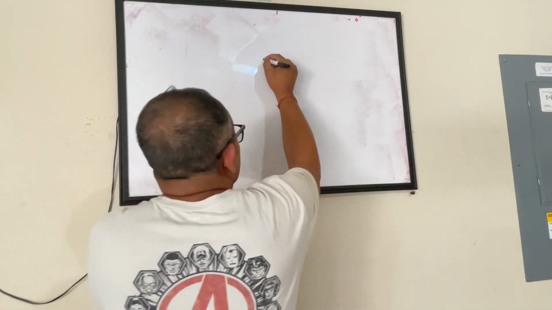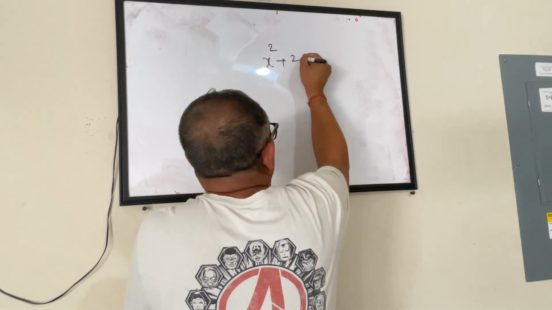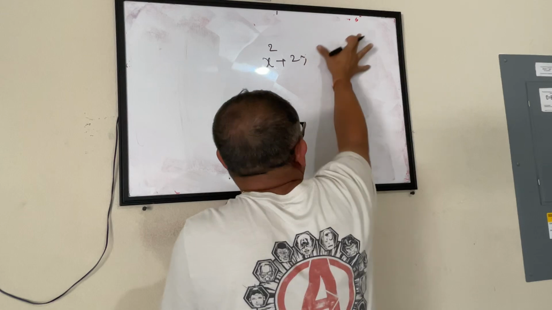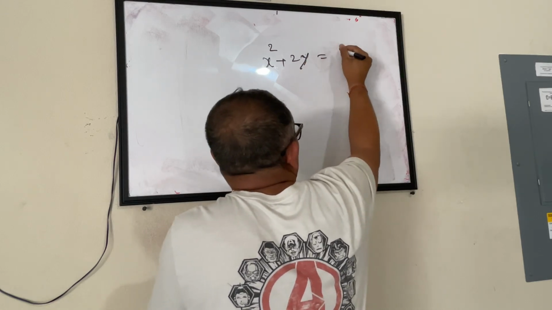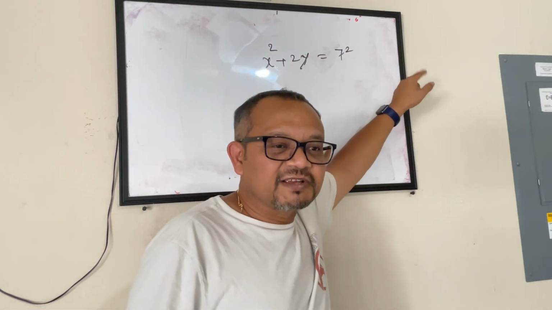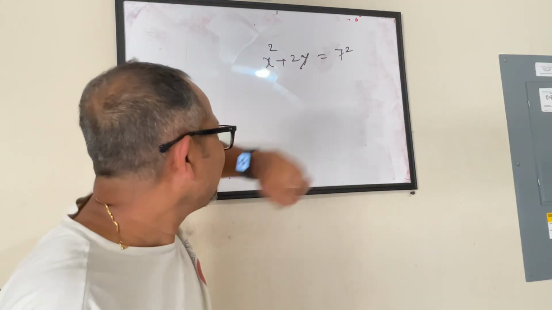If you have any equation, let's say x squared plus 2y plus 17 equals 72. I have a special affinity for the number 7. Every equation I write, there's a 7 in between somewhere. I don't know why.